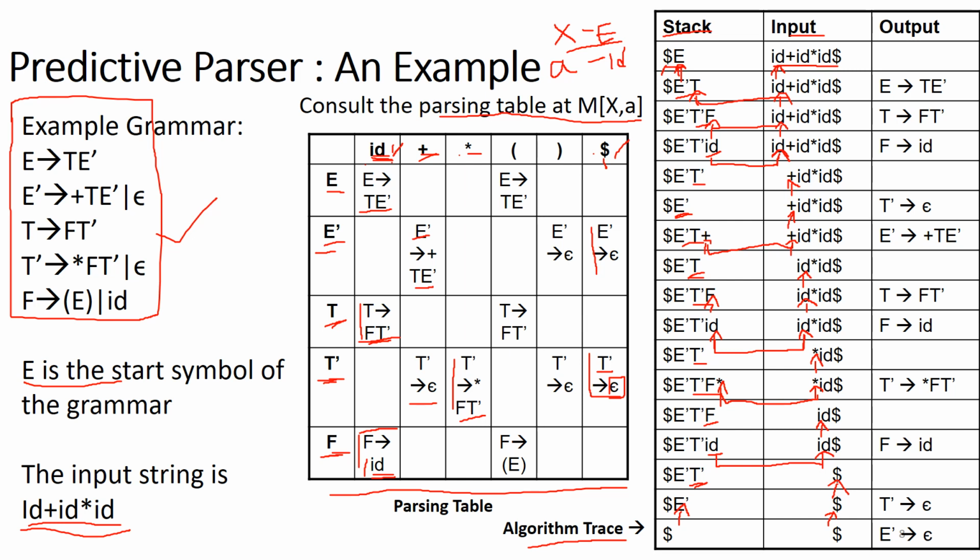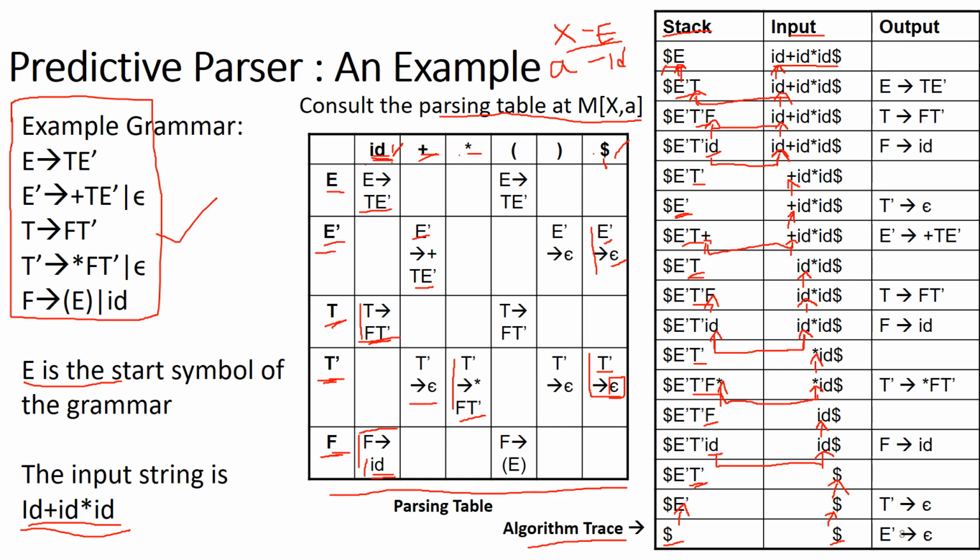E dash is the left hand side of the production and the current top of the stack, and epsilon, the null string, is the right hand side of the production. Therefore E dash, the top of the stack, is replaced by epsilon and nothing is inserted into the stack. Now dollar is the top of the stack and dollar is the input symbol under consideration.